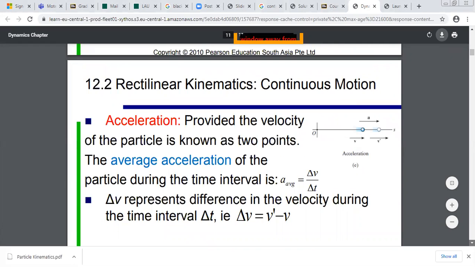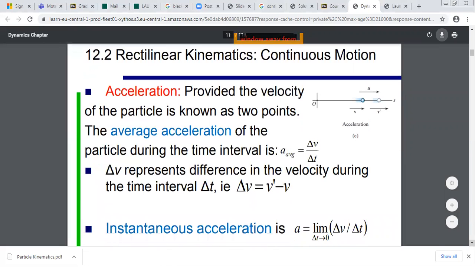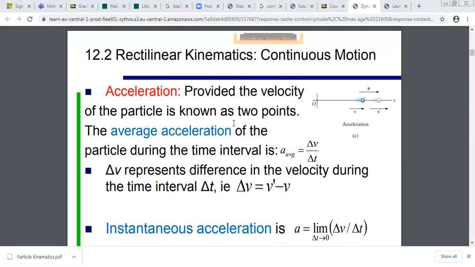Now we will define acceleration. The acceleration of a particle also can be calculated as an average value and an instantaneous value. The average acceleration can be calculated as the variation of velocity with respect to time, so delta v over delta t.